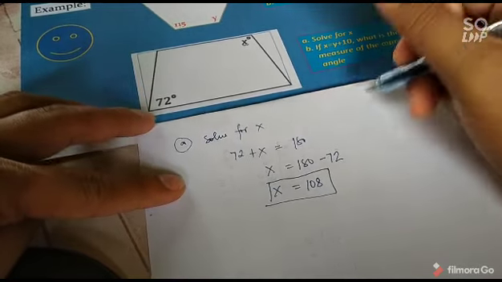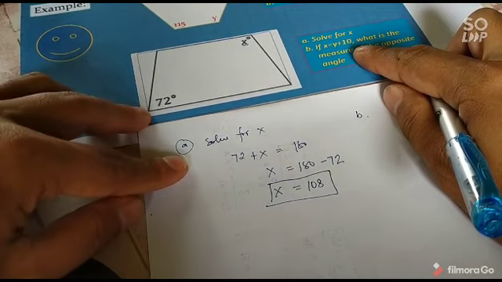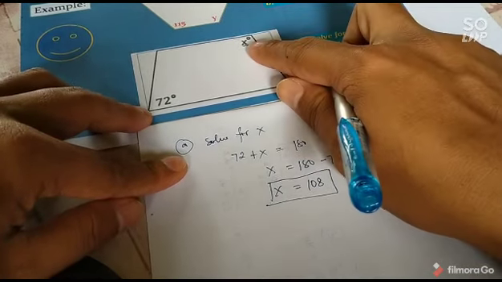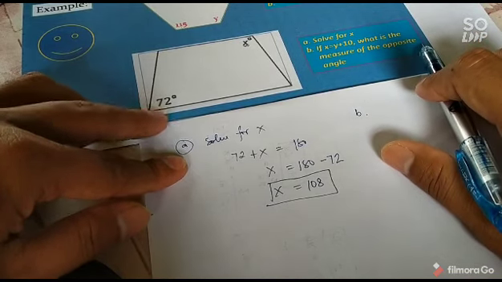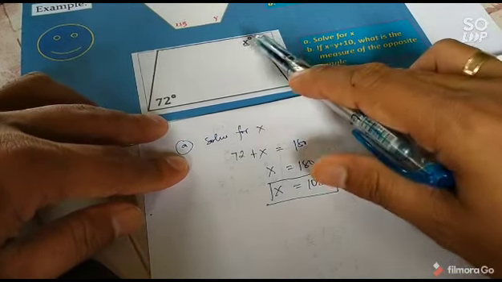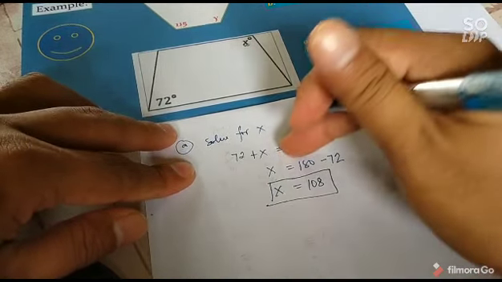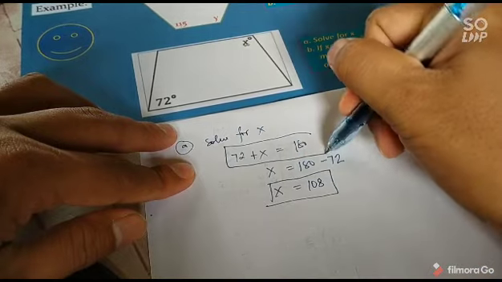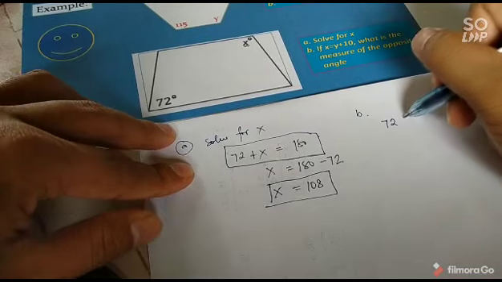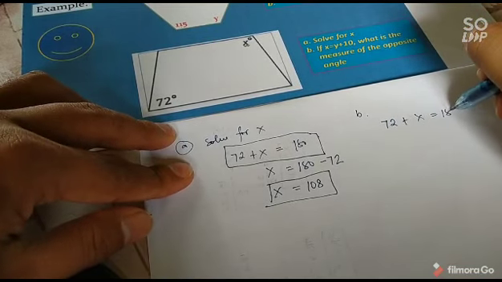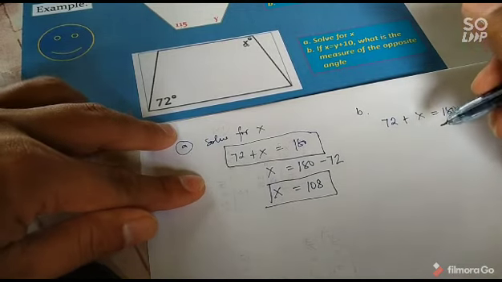Okay, now let's proceed to problem letter B. If x is equal to y plus 10, what is the measure of the opposite angle? So there's a twist. The x here is y plus 10. In that way, we still have the equation 72 plus x equals 180, and then x is equal to y plus 10.